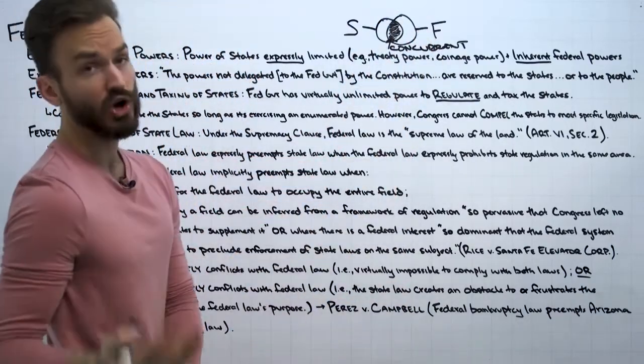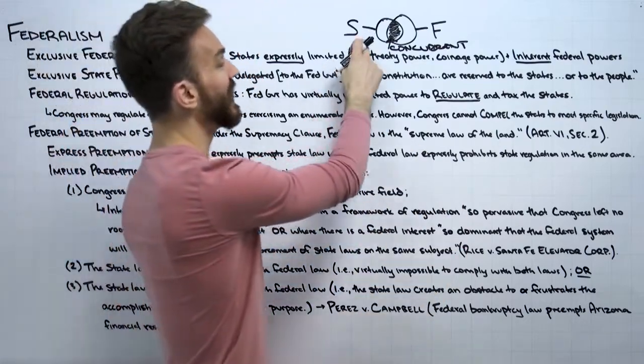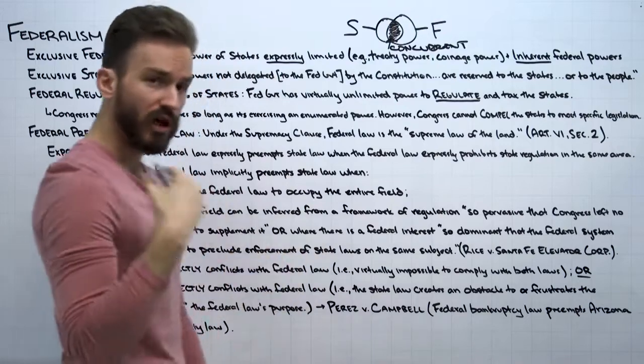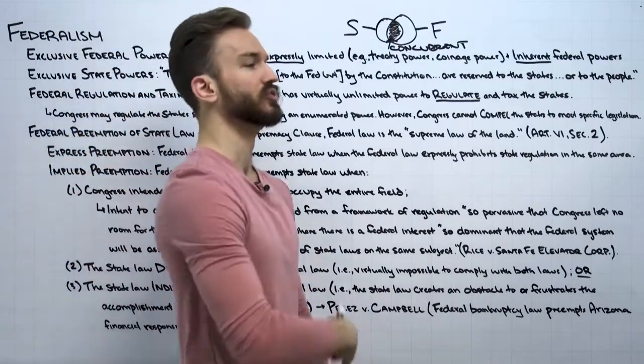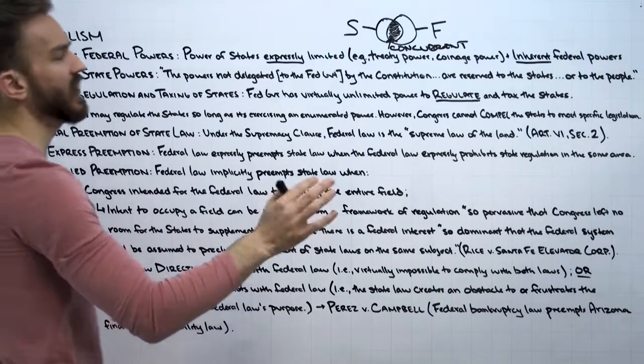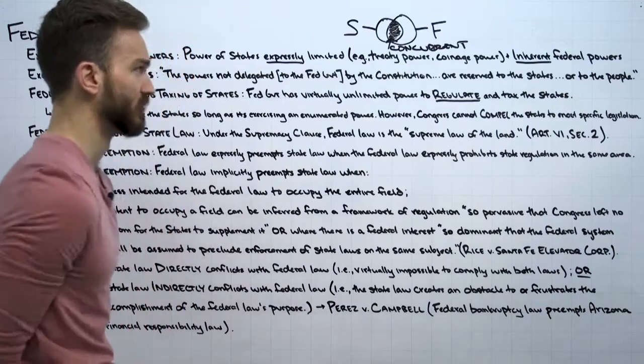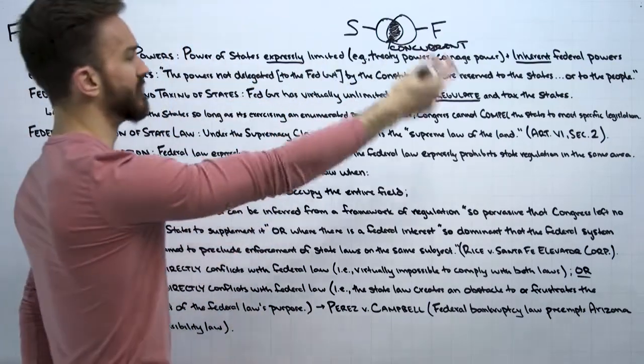If it is a concurrent power, which most of the time it will be, and the state government and federal government both concurrently have the power to take this action, the next question is going to be whether there's any potential conflict between the state action and the federal action, or between the state law and the federal law.